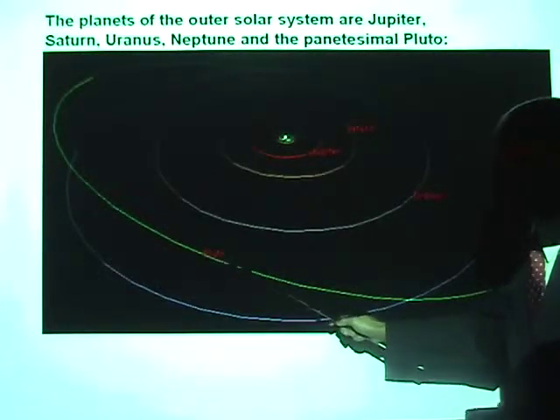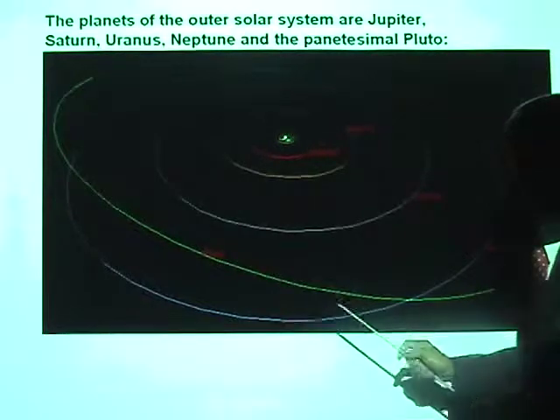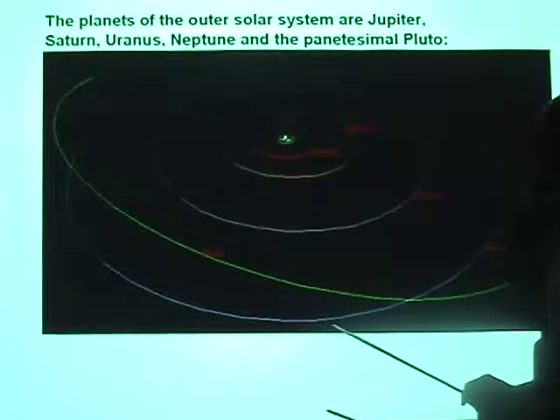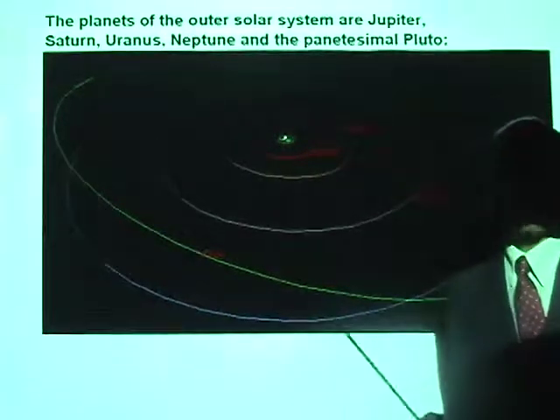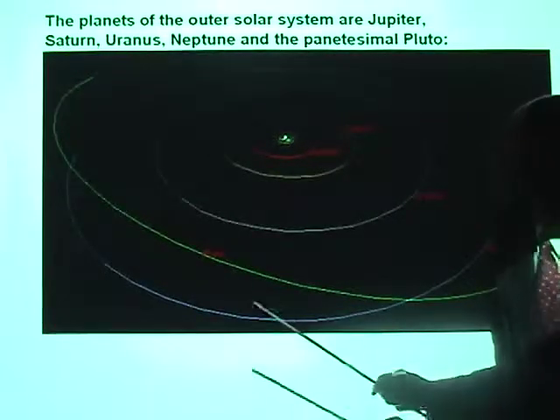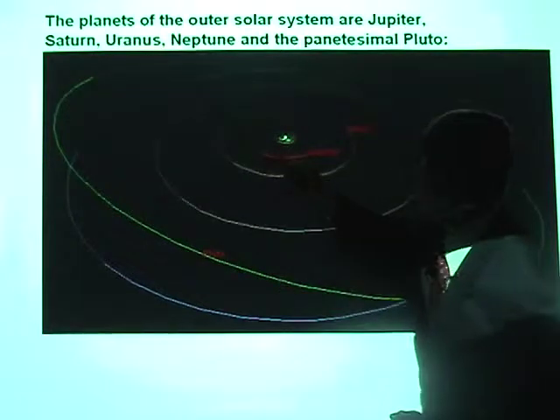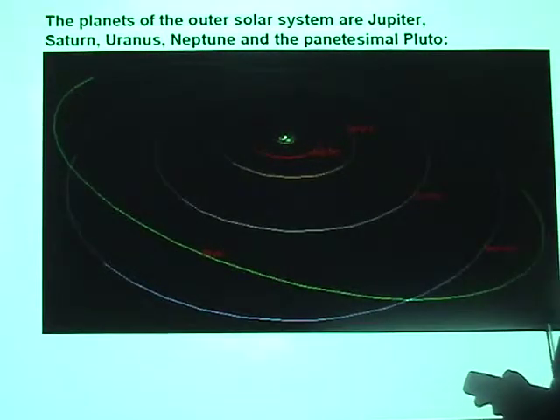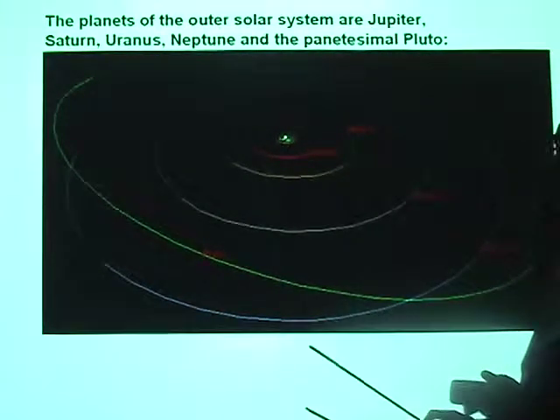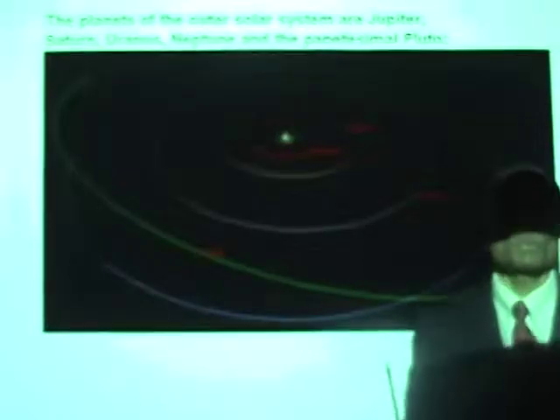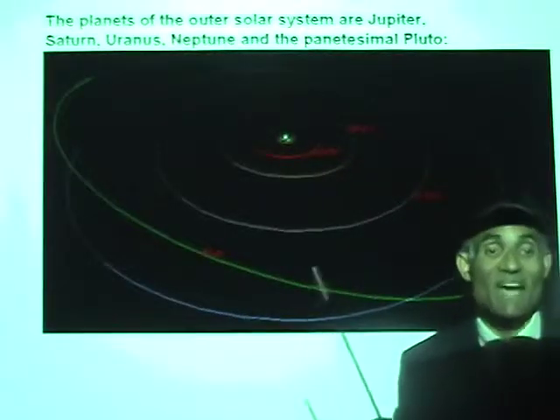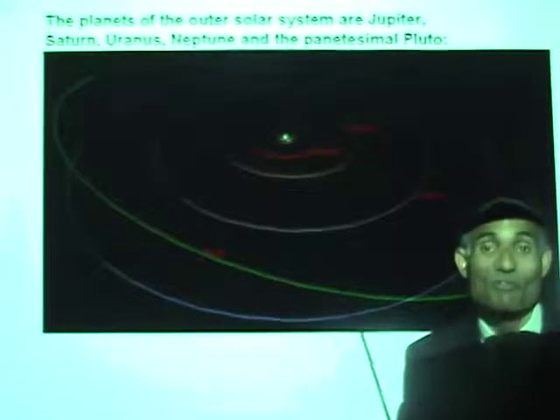One of the reasons why Pluto was removed from the planets list is it does not conform to the normal behavior. If you look at the yellow track, that is the orbit of Pluto around the Sun. It crosses the orbit of Neptune, which is uncharacteristic of planets.